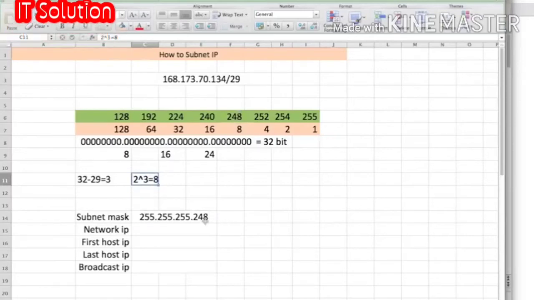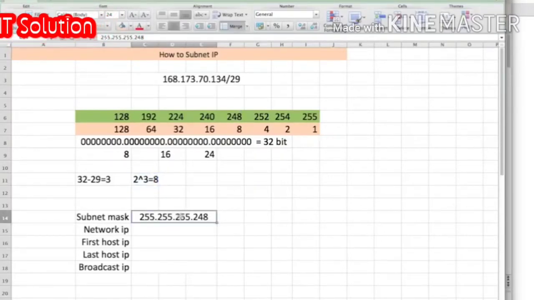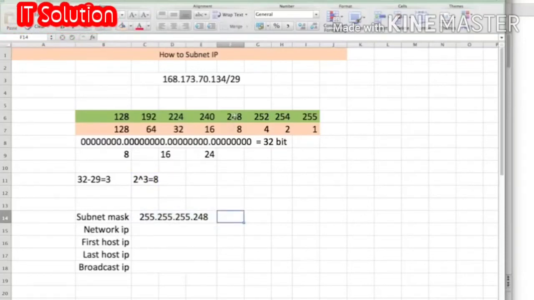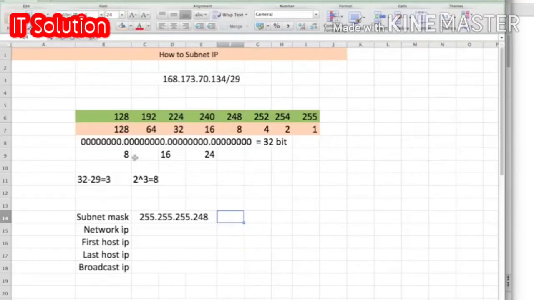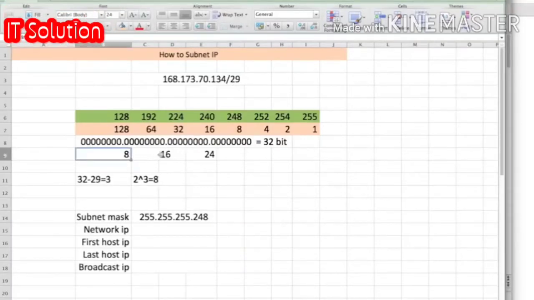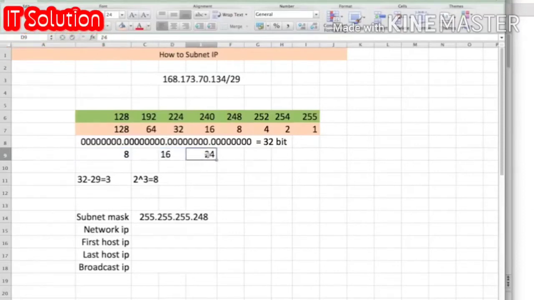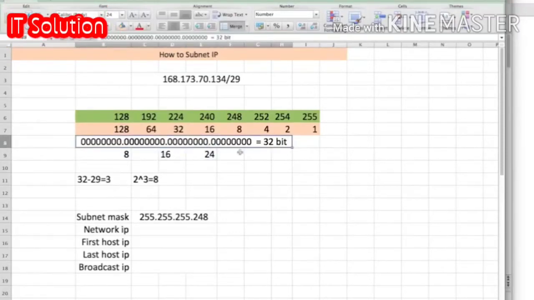Simple. Why didn't I put 248 here in the third octet or the second octet? Well, we did that because remember, it says /29. So 29 is bigger than 8. It passes that first octet. It's bigger than 16. It passes the second octet. It's bigger than 24. It passes the third octet.